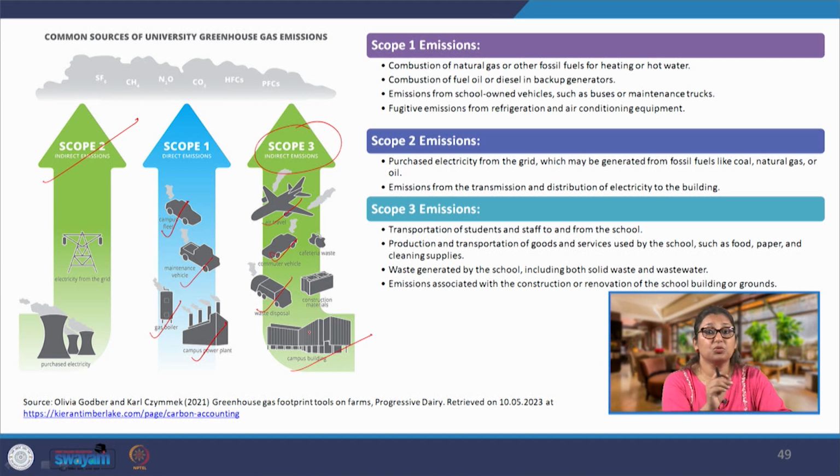But one thing which we have to very clearly understand, and it is easier to understand from this particular example, is that we have understood all the purchased electricity is scope 2, but where is this purchased electricity going? And if I have to reduce my scope 1 and scope 2, scope 3 I cannot do much.